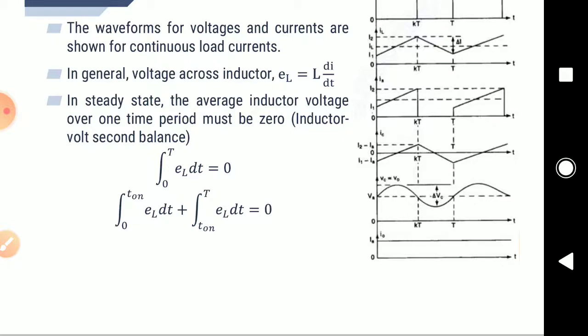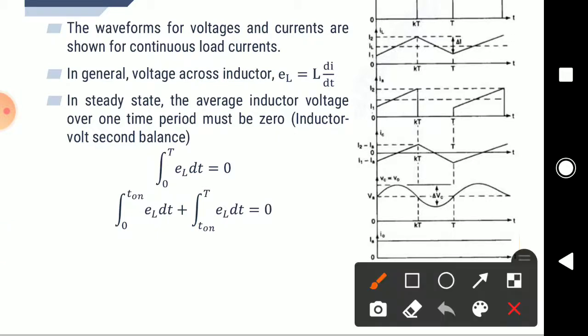Inductor volt second balance states that during the steady state operation, the average inductor voltage over one particular switching period or time period should be equal to 0. So that means if you take the voltage across the inductor over one cycle, that is T on and T off, then the average voltage across that inductor should be 0.